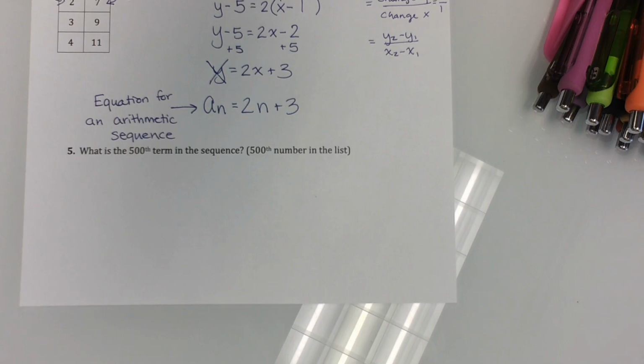Right direction, not quite right. I don't want to plug it in for A sub n because A sub n is a term in the list. Am I telling you that 500 is somewhere in this list? Could it be in the list? Sure. Will it be in the list? This is an arithmetic sequence that adds 2 starting at 5. Isn't every single number in this list going to be odd? Would 500 be in that list? No.